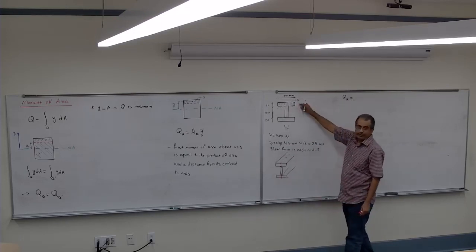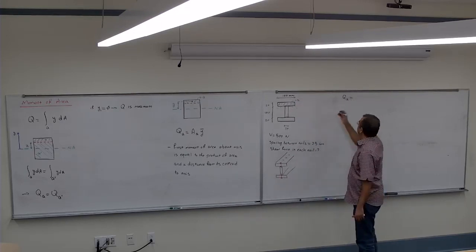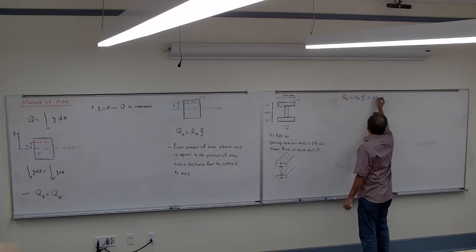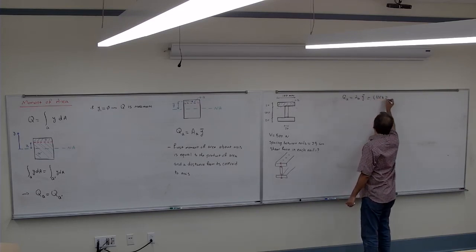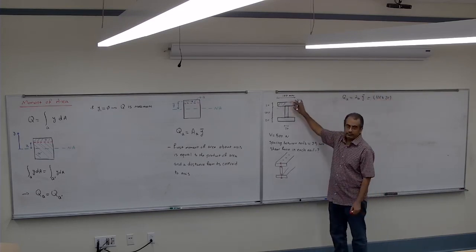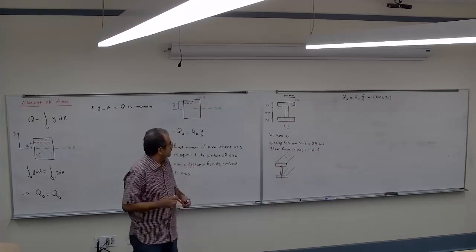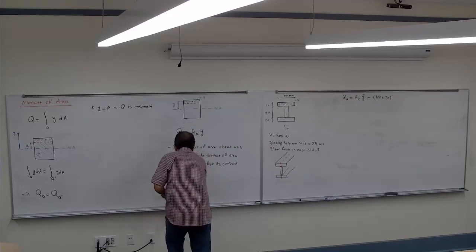Q for the A is the area of the A times Y bar. The area of the A is 100 times 20, correct? How much is the Y bar? 60.